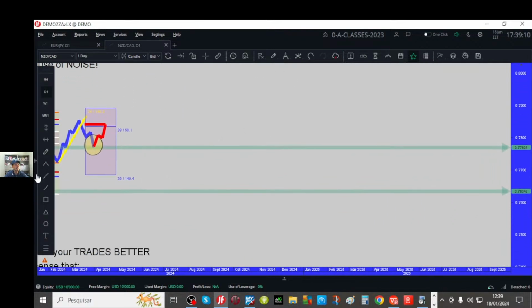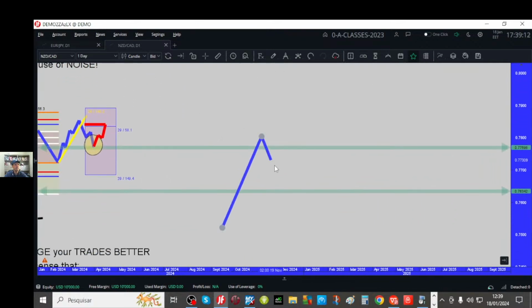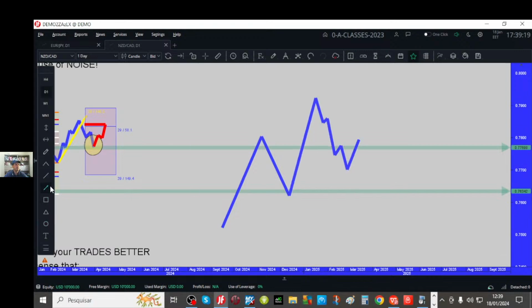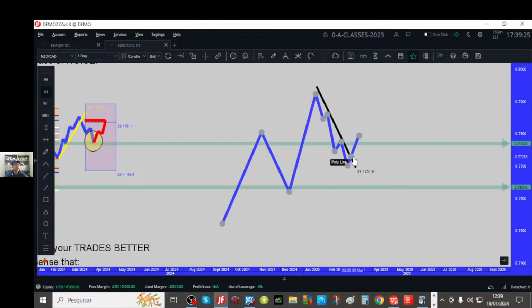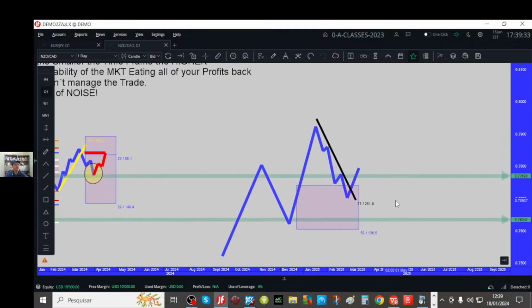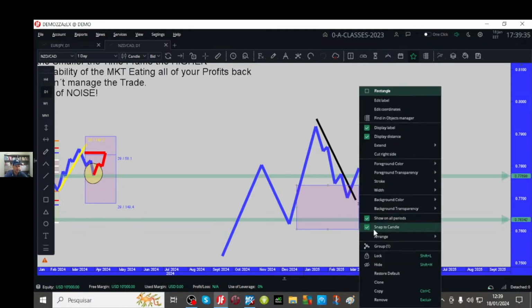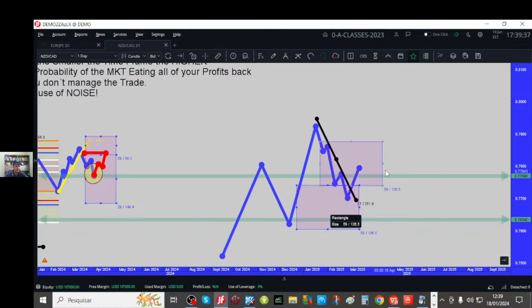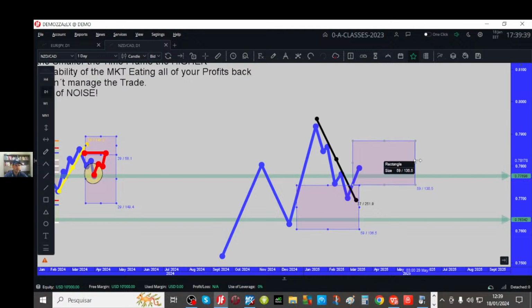It's statistically proven that if you have an uptrend on the daily and you enter here, and this is the plan, I'm going to risk one and make two, just as an example.